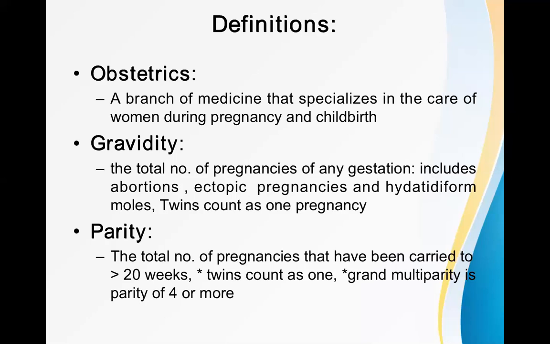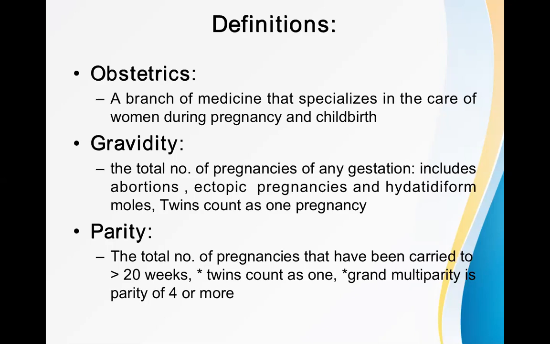Now, another important point that should come to your mind. Sometimes what happens, the baby is born dead, isn't it? The baby is more than 20 weeks, but is born dead. This is called stillbirth. I'll talk about it a bit later, but stillbirth is considered parity because it has crossed 20 weeks.